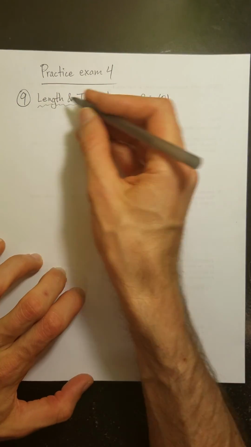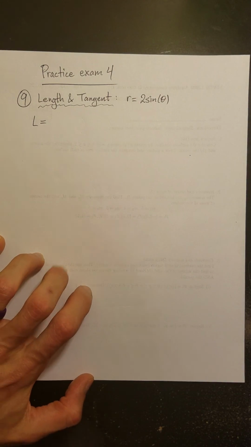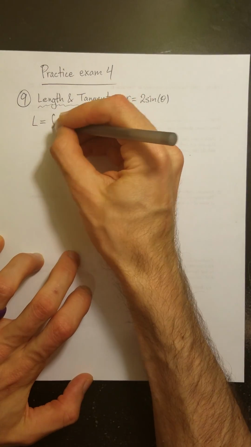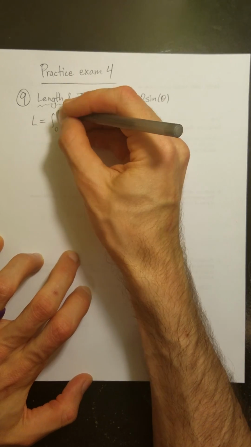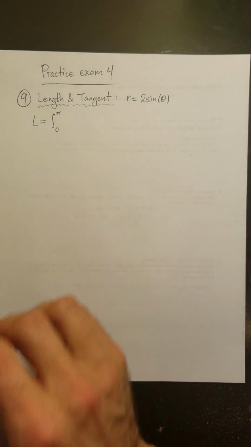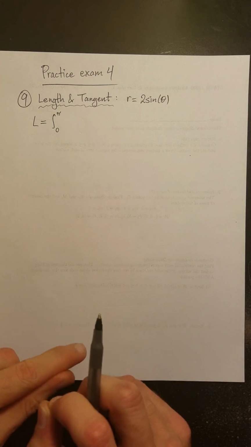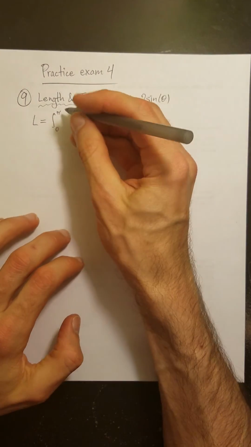For the length of a polar curve, I need to integrate from the smallest value of my parameter to the largest value of my parameter. So 0 to pi, in this case, that'll make us traverse that circle 1 complete time and no more.